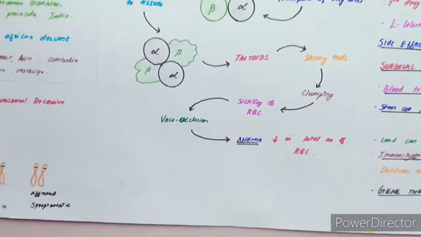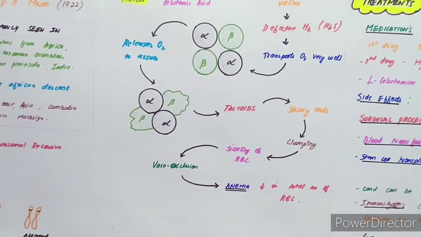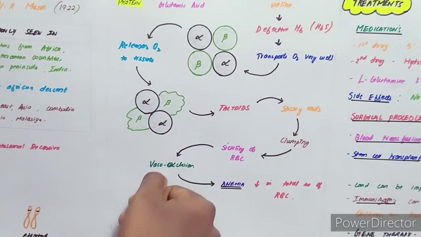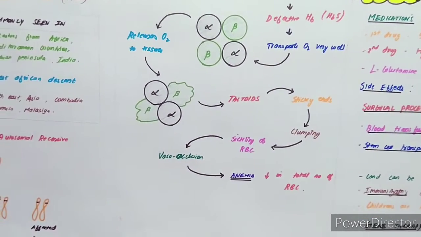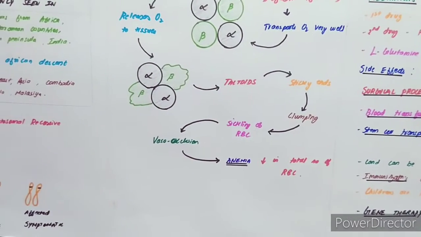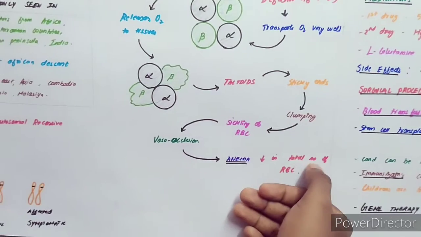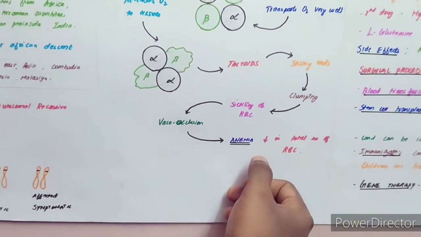The sickled RBCs adhere to the endothelial cells, followed by vaso-occlusion, and after vaso-occlusion there will be rapid hemolysis, which leads to a decrease in the total number of RBC, a condition called anemia.